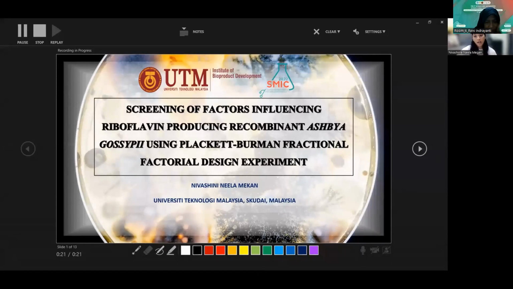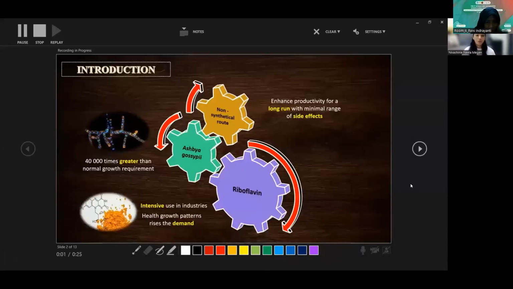Now, riboflavin is one of the water-soluble vitamins which is physiologically needed by the body in order to undergo cellular metabolic reactions. But it is only possible when we have fulfilled the dietary need of it.